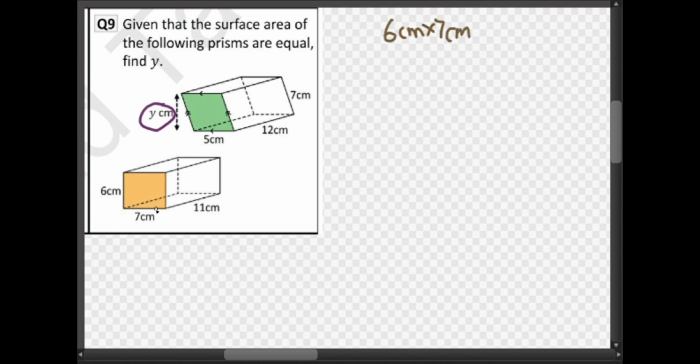Then the face on the bottom will be 7 cm times 11 cm. And the face on the left side will be 6 cm times 11 cm.